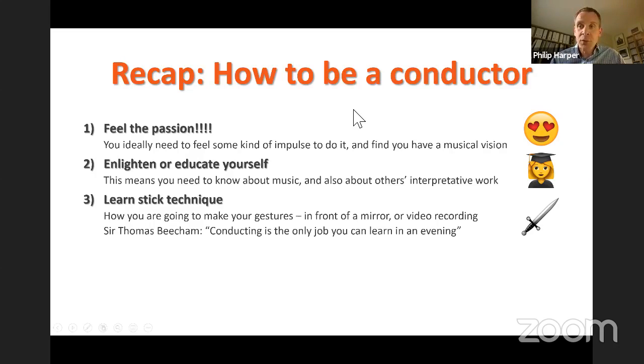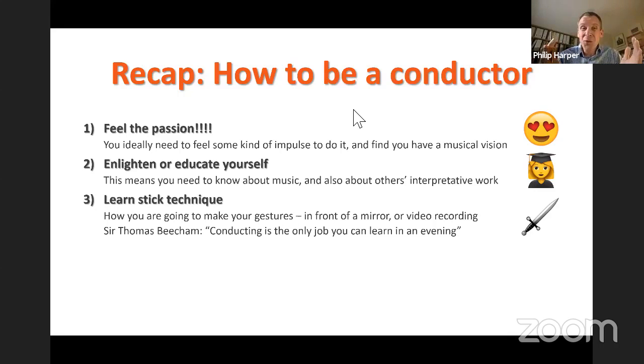I brought in a quotation from a famous British conductor, Sir Thomas Beecham, who was rumoured to have said, conducting, he thought, is the only job you can learn in an evening, in one evening. And I think what he meant by that was the actual technique of waving your arms around in a 4-beat pattern or a 3-beat pattern or a 2-beat pattern is very, very simple.